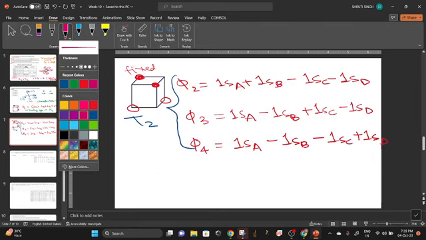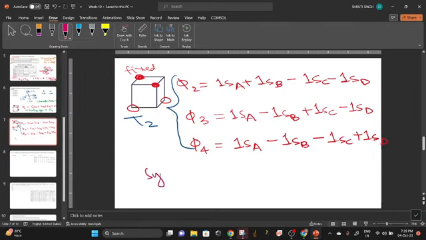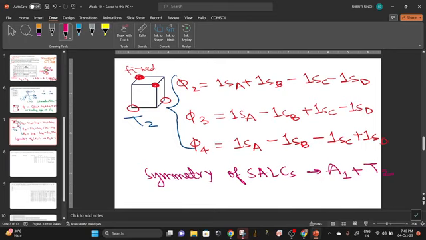And also then these are the symmetry of SALCs. Symmetry of SALCs is A1 plus T2. So now these 4 hydrogen atoms are done. Now there will be overlap. Next step is overlap with carbon atomic orbitals. So carbon 2s belongs to A1 symmetry, and carbon 2p xyz also belongs to T2 symmetry.